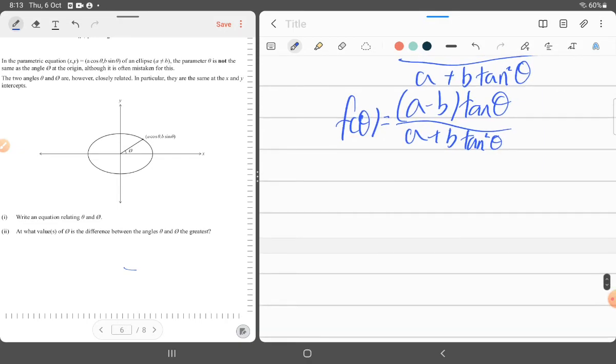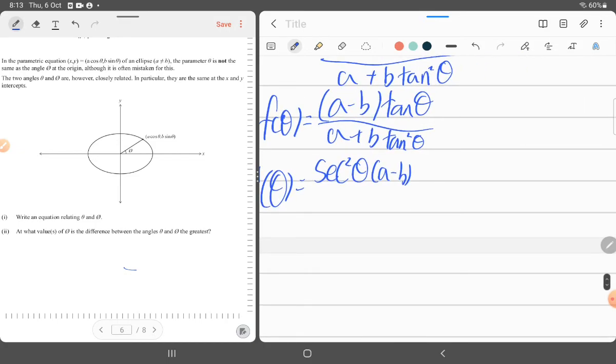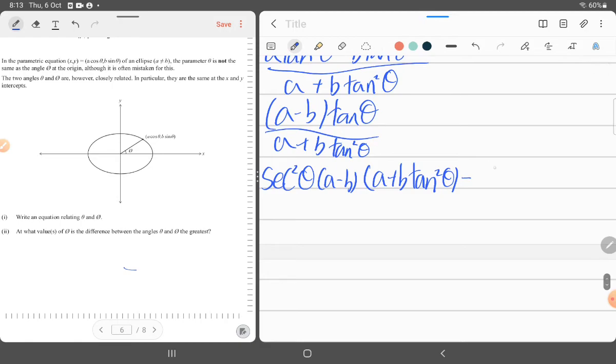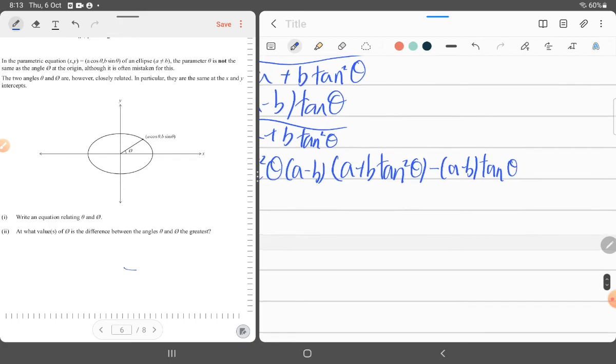So if dash theta is equal to sec squared theta, a dash, f dash, brackets a plus b tan squared theta take away (a minus b) tan theta.